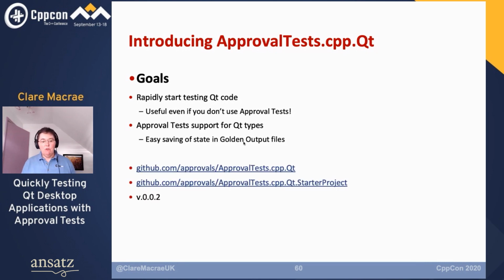I'll demo that shortly. So we're at a tentatively very, very early version to represent the early state that the code is in. And one of the big purposes of this talk is for me to explore whether there's any interest in doing more work on the library. It really is a very early prototype version. We do have a starter project though that you can download and build in a CMake-supporting IDE.